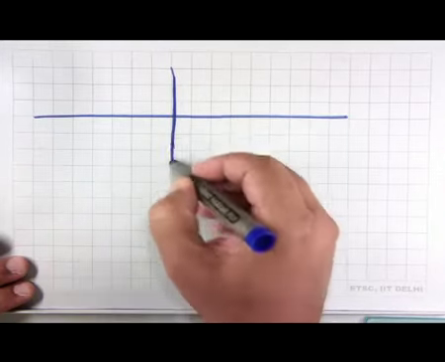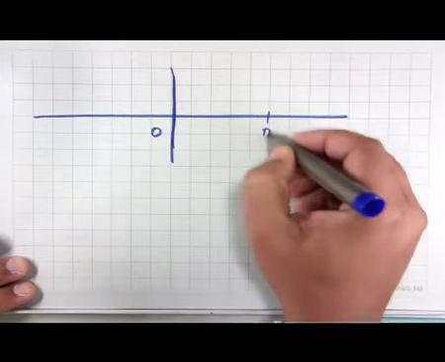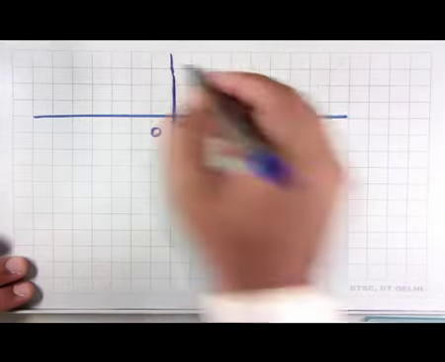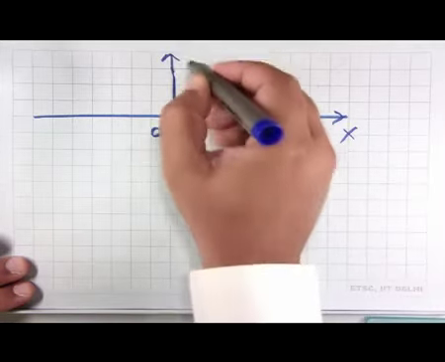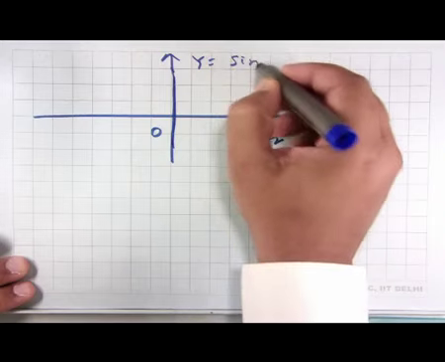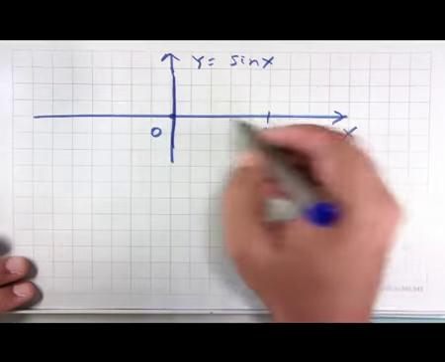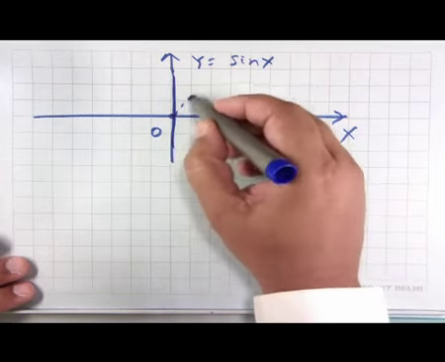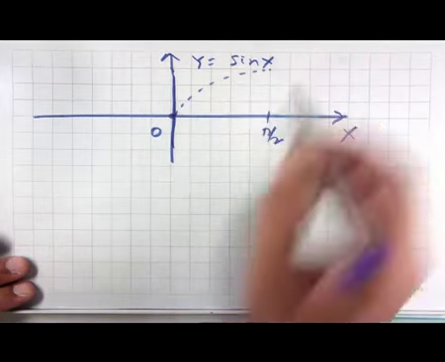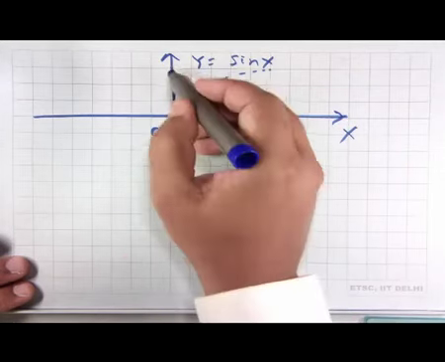So if this is 0 and let us say this is pi by 2, so this is x and this is y equal to sine x. So at x equal to 0, sine x is 0, and then between 0 and pi by 2 it is monotonically increasing from 0 all the way till 1.